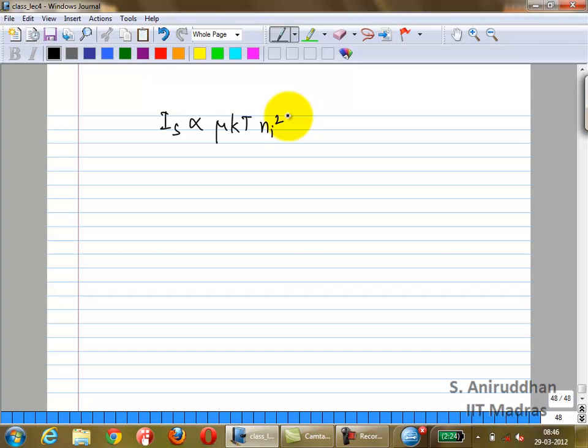The saturation current itself is proportional to mu, kT and ni squared. What is mu? The mobility, the mobility of the minority carrier.